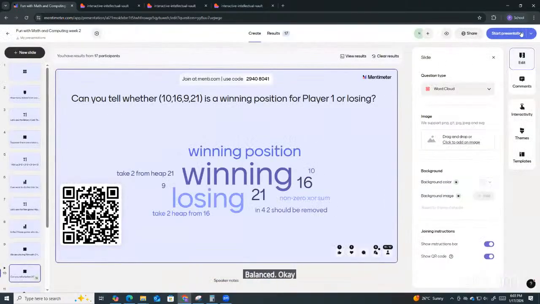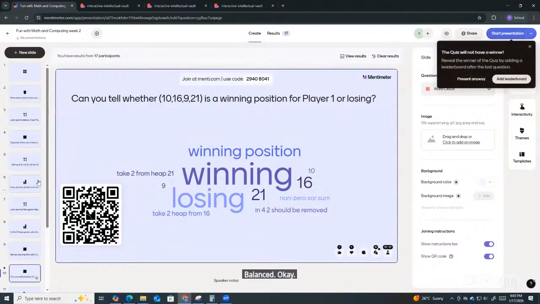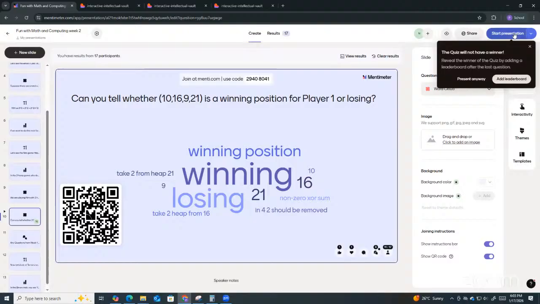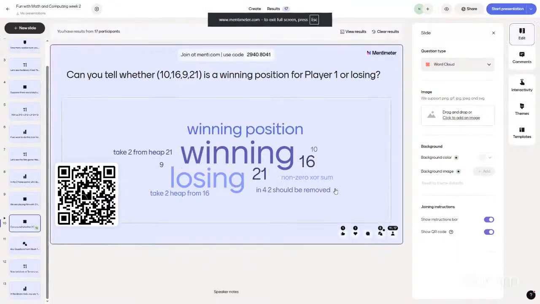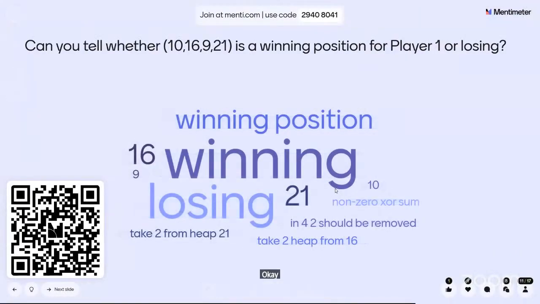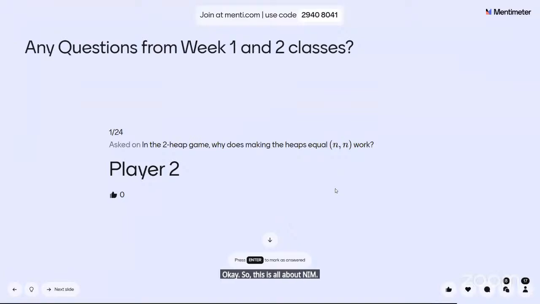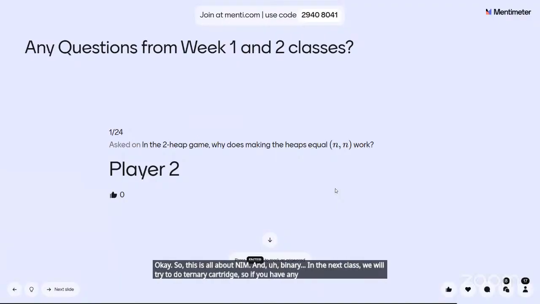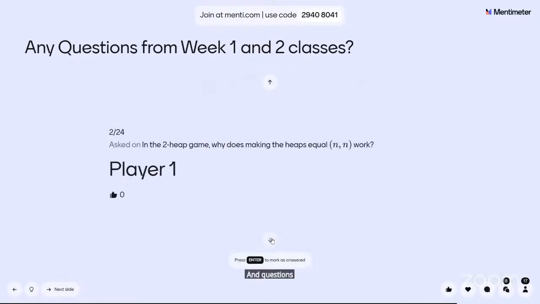Okay. So this is all about Nim and the binary card trick. In the next class, we will try to do the ternary card trick. If you have any doubts and questions, try this at interactives dot Neeldhara, and you can try it there. Neeldhara ma'am is teaching you, and you can try on her website and these meme games.